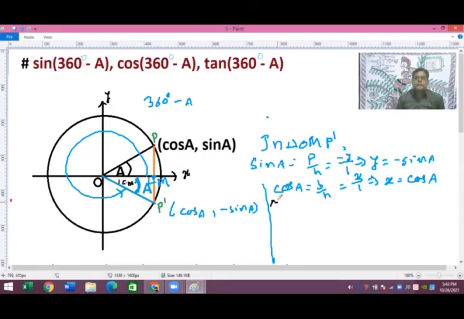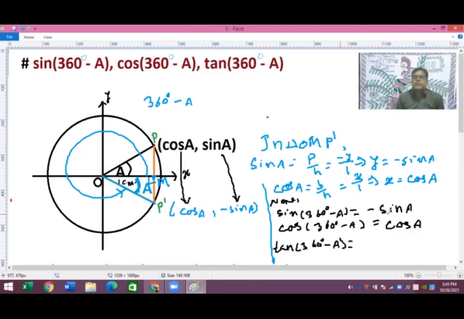Alright, so now let's check sin 360 degrees minus A. When it was sin A in the first quadrant, it was the y coordinate sin A. Now this sin A has become negative sin A, and you know in the fourth quadrant only cos is positive, so it is minus sin A. Then tan 360 degrees minus A is sin 360 degrees minus A by cos 360 degrees minus A. In place of cos 360 degrees minus A we have cos A, and we see that it is minus sin A over cos A, which is minus tan A, as the value of tan is negative in the fourth quadrant.